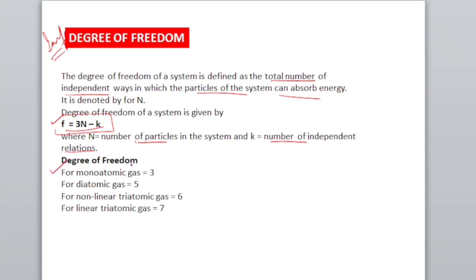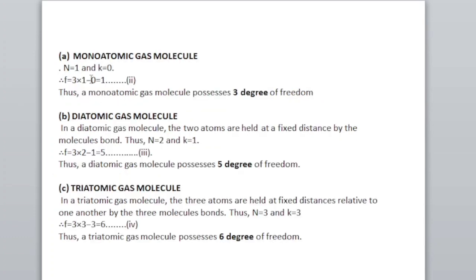For monatomic gas it is 3, for diatomic gas it is 5, for non-linear triatomic gas it is 6, and for linear triatomic gas it is 7. You can find the value of this degree of freedom in this way also if you want. For monatomic gas, n is 1, right? Only one particle.